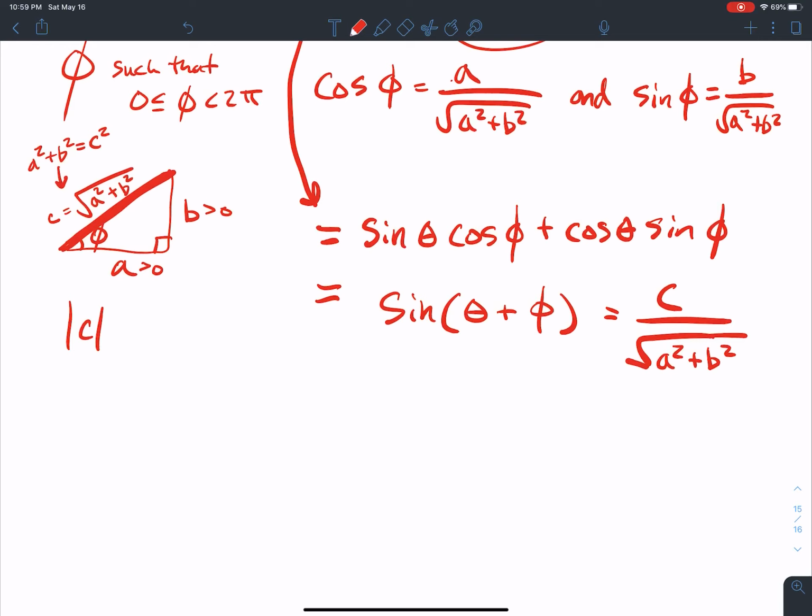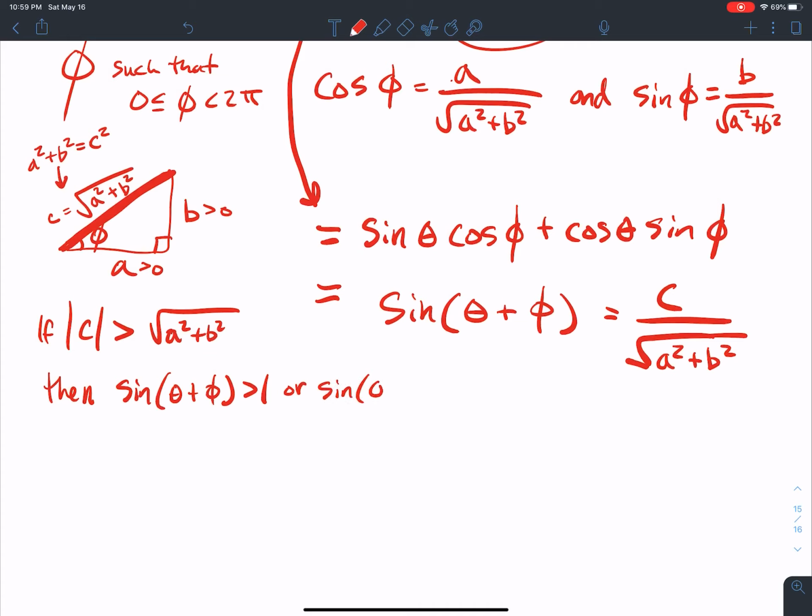If the absolute value of c is greater than the square root of a squared plus b squared, then the sine of theta plus phi is greater than 1, or the sine of theta plus phi is less than -1. And the equation has no solution.